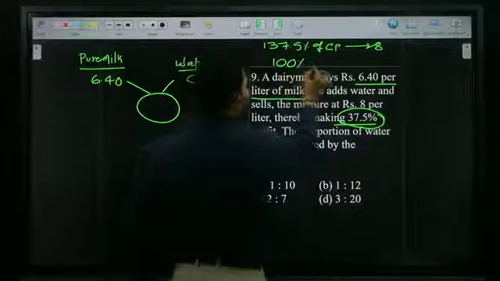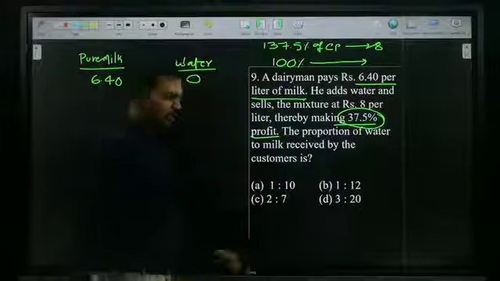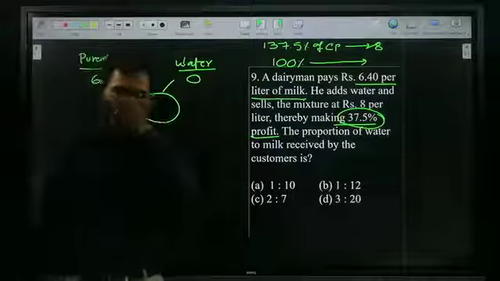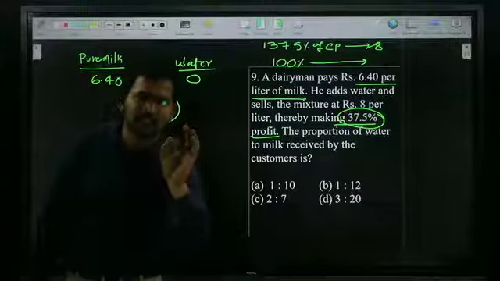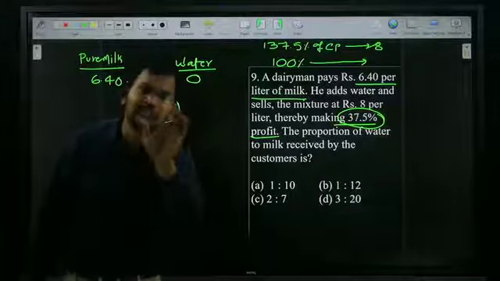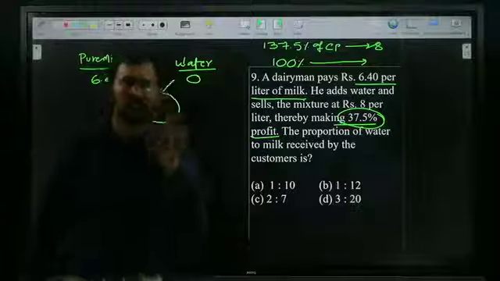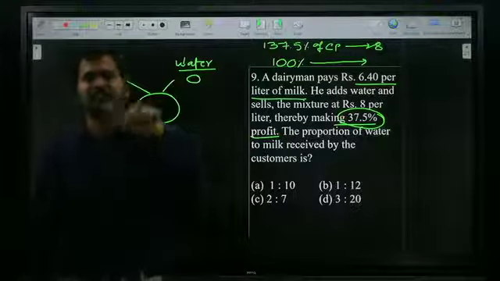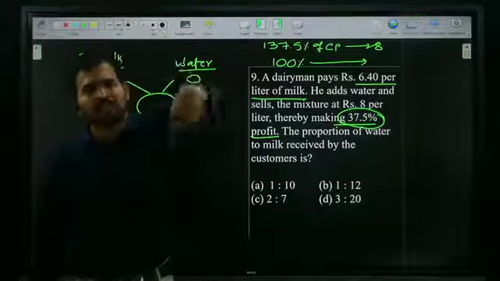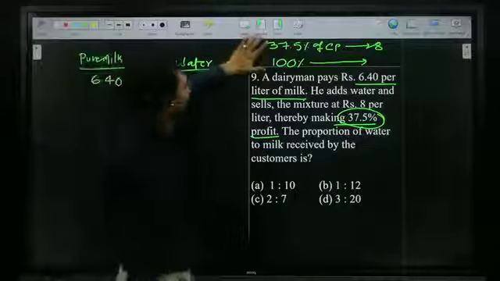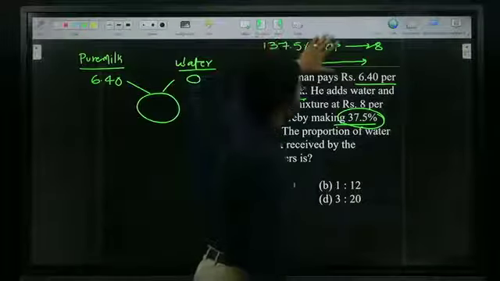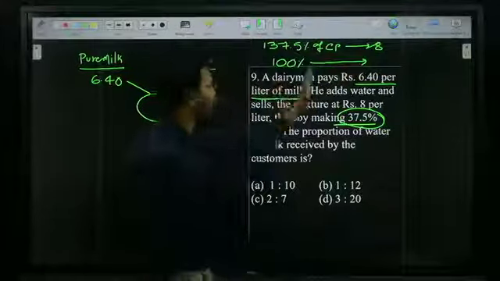Listen, 37.5% of CP is nothing but profit. Original cost price is 100%. 100% plus 37.5% is 137.5%. So 137.5% of CP is 8 rupees. Then 100% is how much?